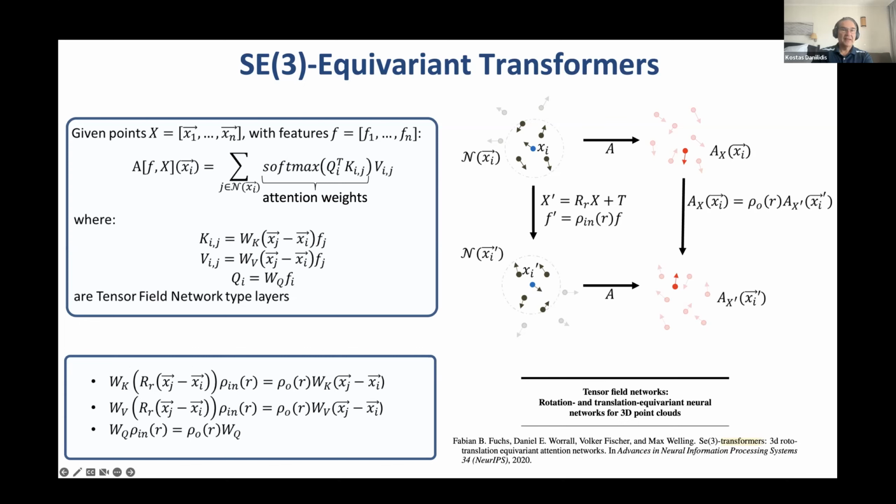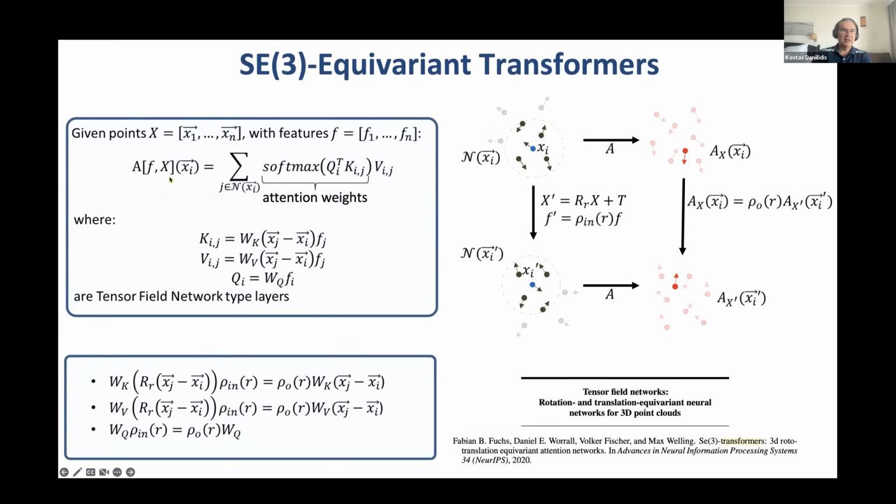And as you see here, we have the neighborhood of the points. The neighborhood itself is equivariant. So even when we rigidly transform an object, the K nearest neighbors remain the same. So the neighborhood itself is equivariant as well.